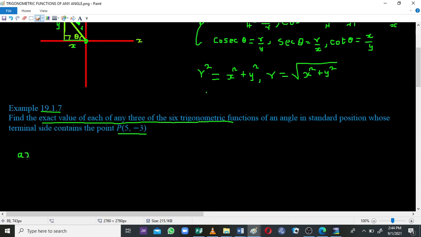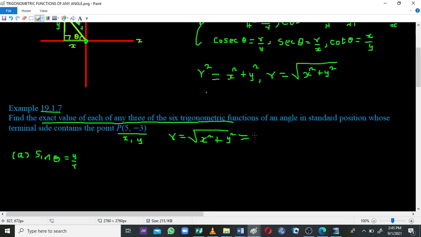We can start by applying this to sine. From the definitions above, sine theta is equal to y over r. Do we have r? No. Do we have y? Yes. From the point P, we know that 5 is the x value and -3 is the y value. And so we can find r. We know that r is the square root of x squared plus y squared.